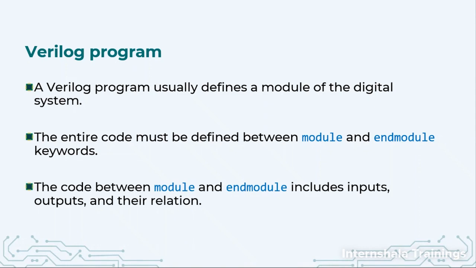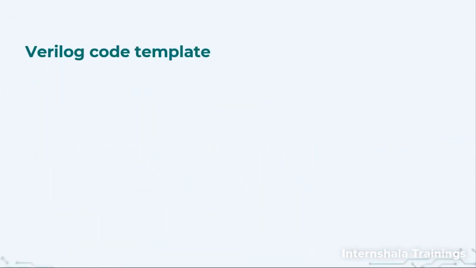The code written in between these two will include additional things like port declaration, their directions, output and input ports declaration. Then we will also mention any extra signals required and the relation between all the input and output ports. So this is what we will do in a typical Verilog program.